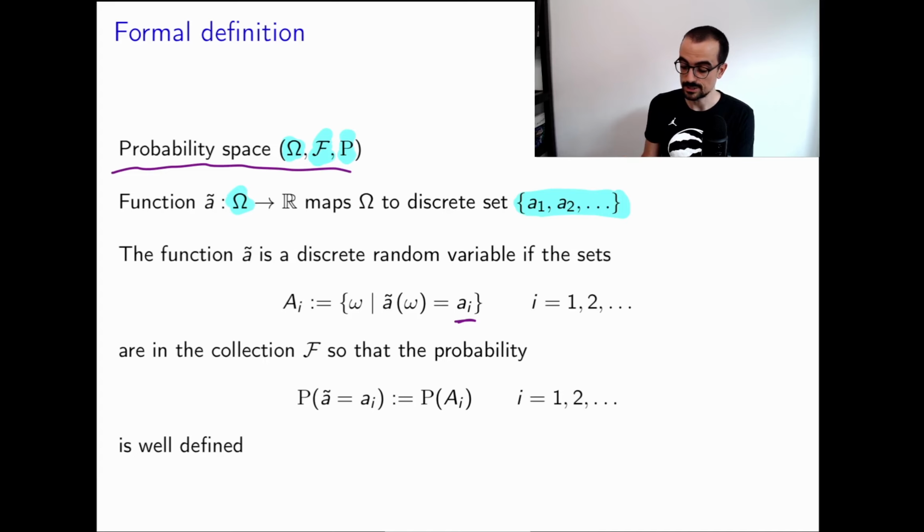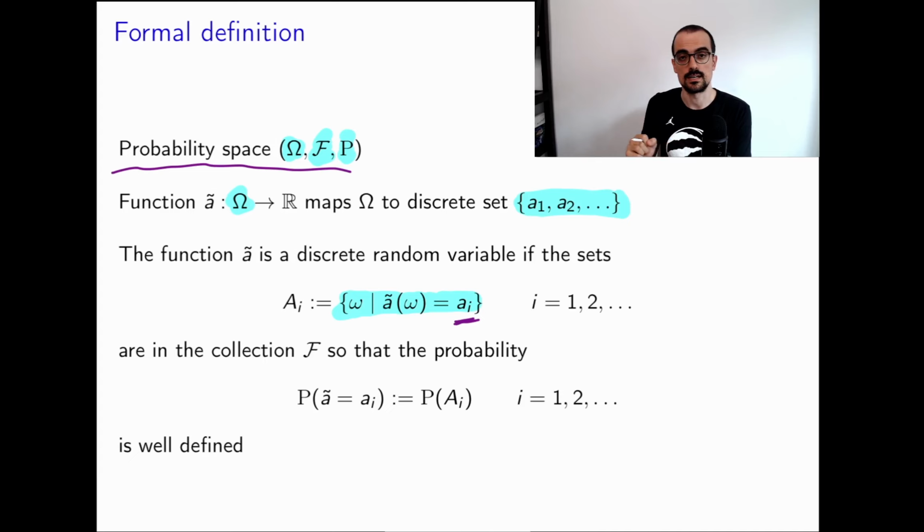Now, the probability measure assigns values to sets of the sample space, which we call events. If we want to know the probability that the random variable is equal to A1, then we have to consider the event that contains all of the outcomes that map to A1, or A2, or Ai in general. And we need the probability measure to assign a probability to that event, because otherwise that probability is not well defined.